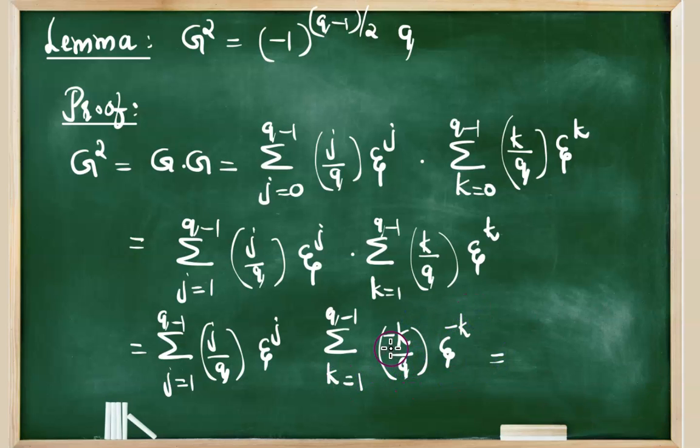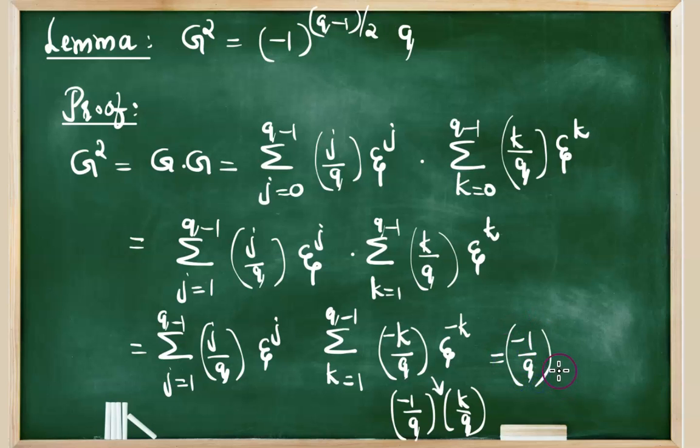Here, from the Legendre symbol (minus K by Q), we can split this as (minus 1 by Q) into (K by Q). And we can take this Legendre symbol (minus 1 by Q) outside the summation, since it is independent of both J and K. So we have Legendre symbol (minus 1 by Q) into summation over J and K varying from 1 to Q minus 1.